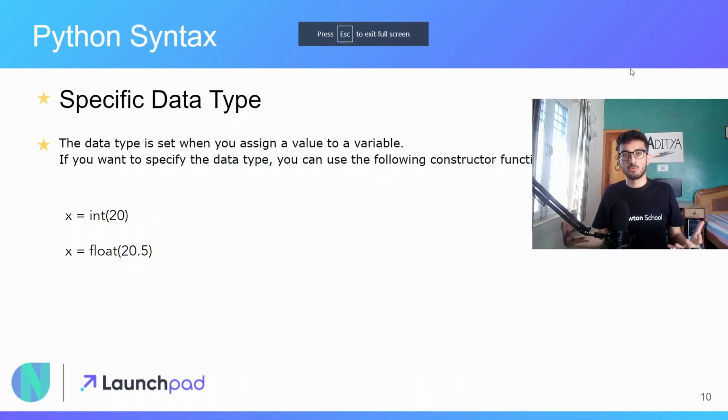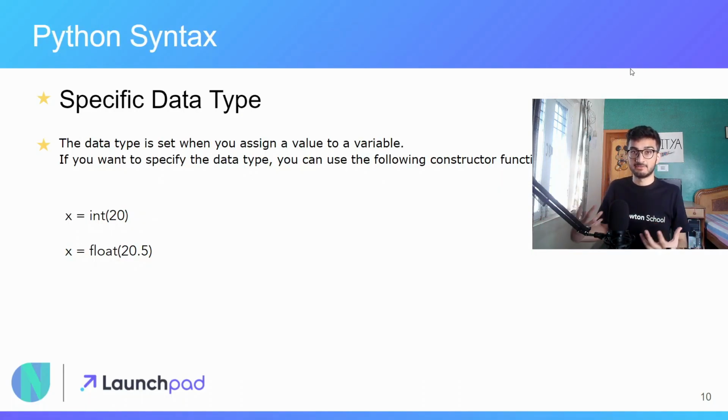So that is how we can specify the data type of the num variable, because if you were to assign only 5 to the num value, the Python compiler would think that it is of type integer. But if you wanted it to be specifically float, then you can use the constructor function float to make it of data type float only.